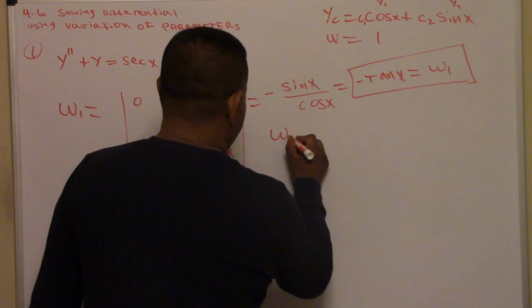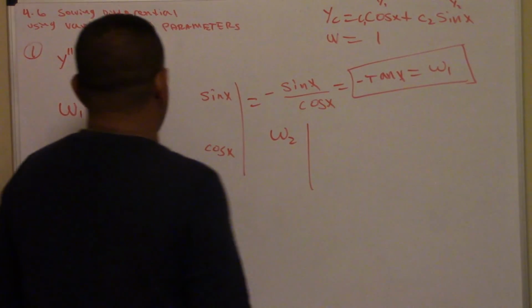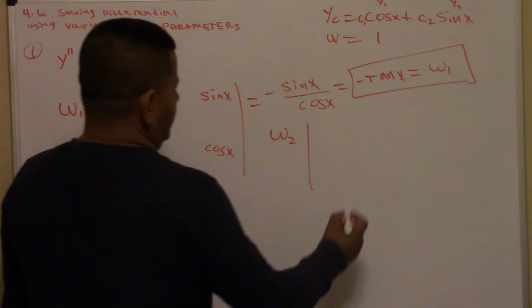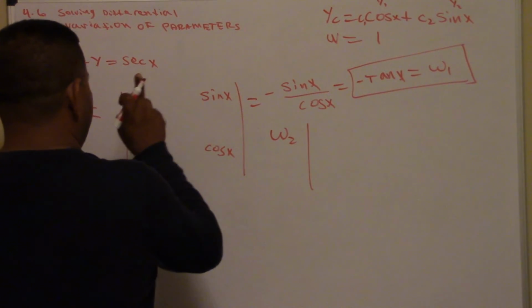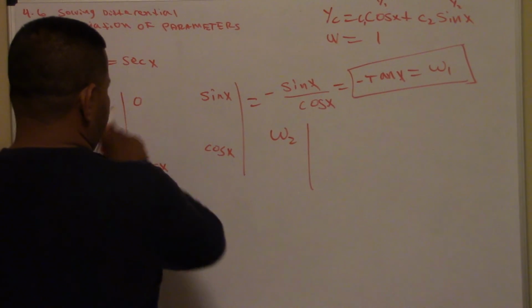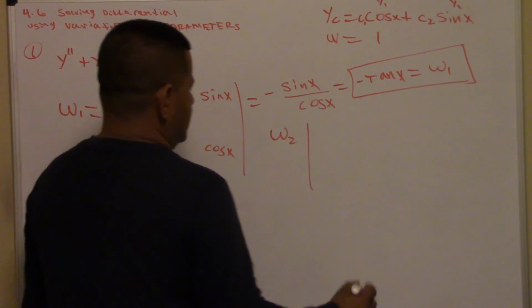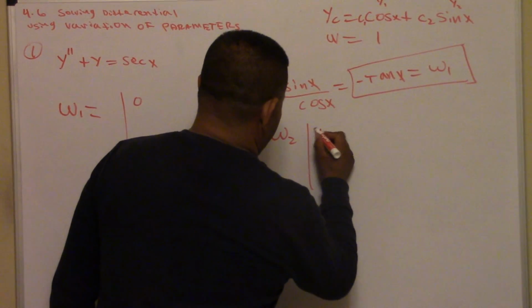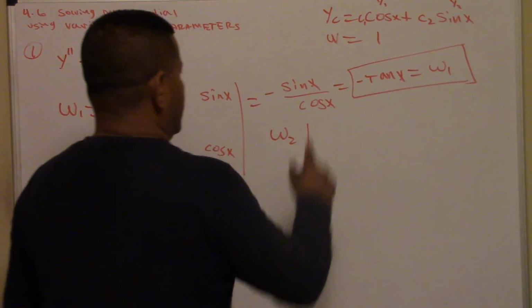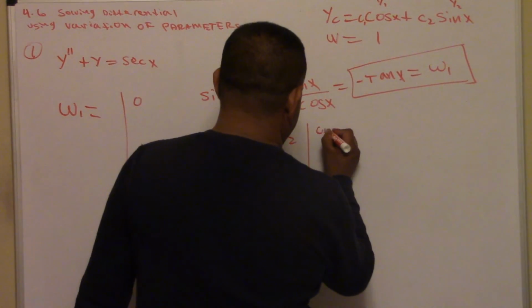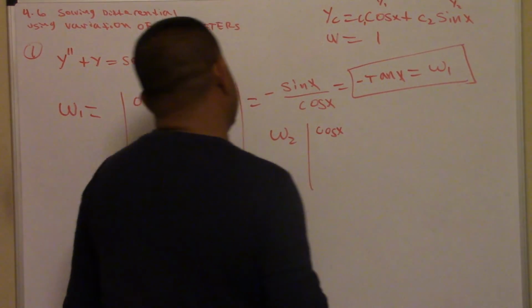Okay? Now W2. Notice that I am switching it. Whatever is W2, I'm going to substitute with 0. So I gotta have y1, right? What is y1? y1 is cosine of x, right?